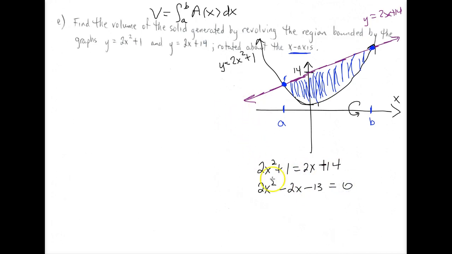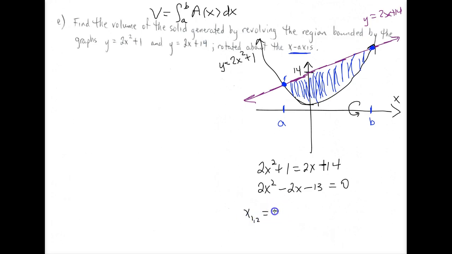And of course, if you're looking at this, you probably figured out really quick that we can't factor that. So what we need to do is either complete the square or use the quadratic formula. I think more people are familiar with the quadratic formula, so we'll just go ahead and do that.